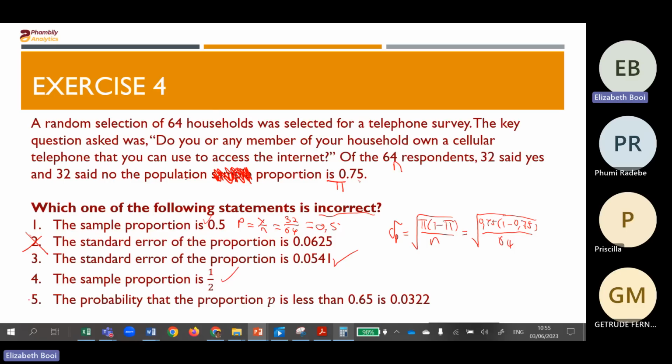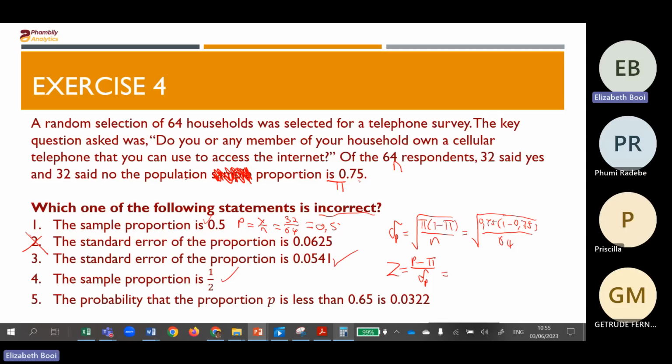And the next one says the probability that the proportion is less than 0.065 is this. So we can go and test that, because we need to calculate our Z, which is P minus the population proportion, divided by the standard error, which we calculated.